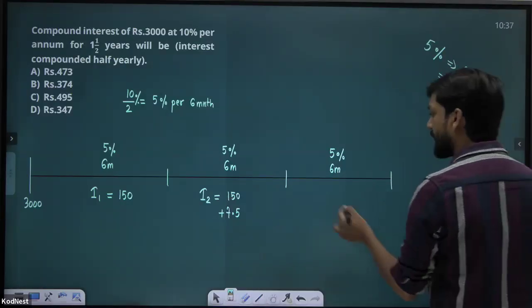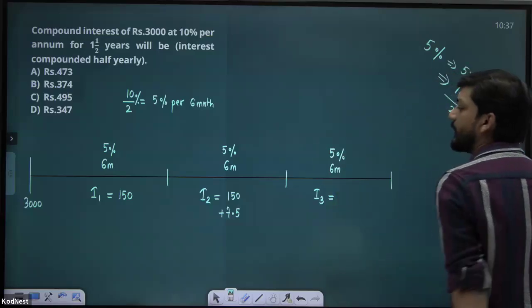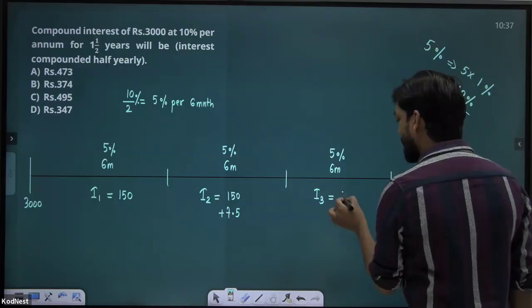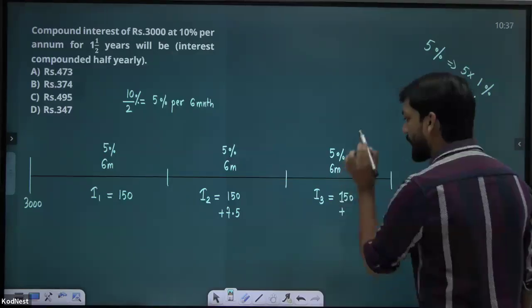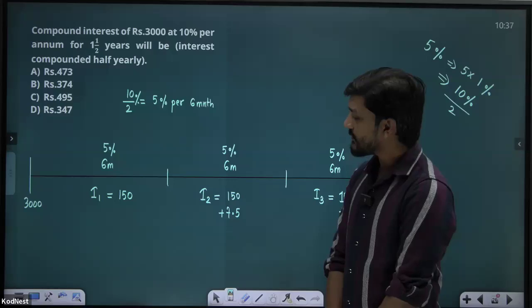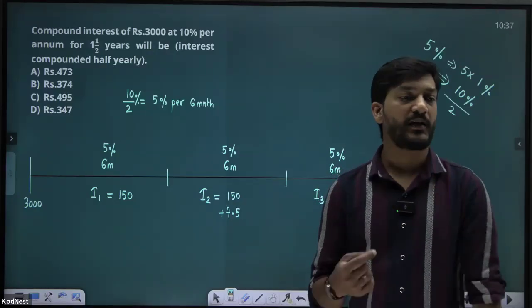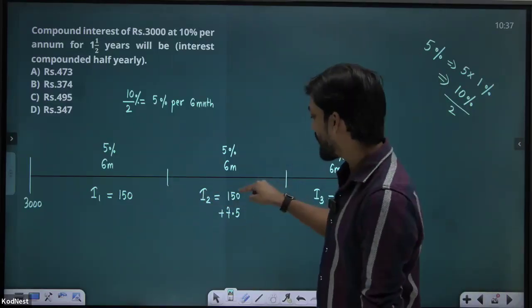Okay. So third period. 5% of principal. Again, it will be same 150 rupees. Previous interest. When you stand here, how many previous interest numbers do you see? How many numbers? 3 numbers. Count it as 1 and 2 separate.